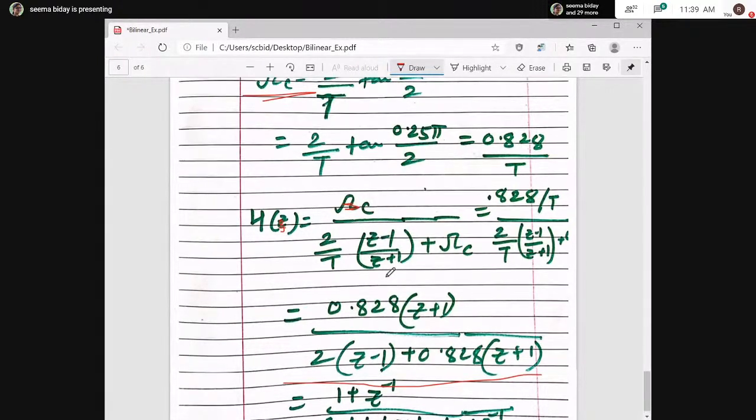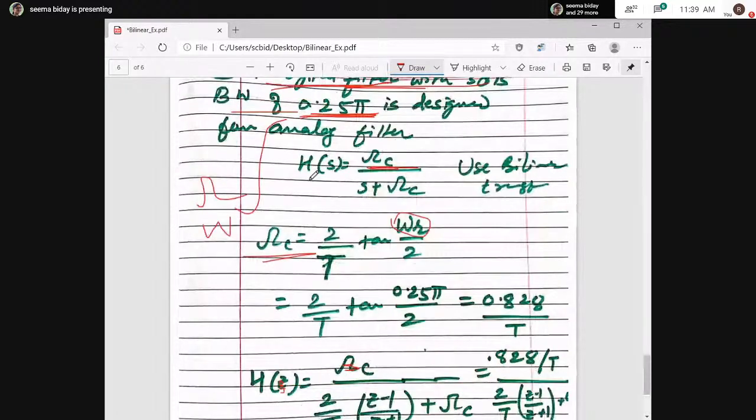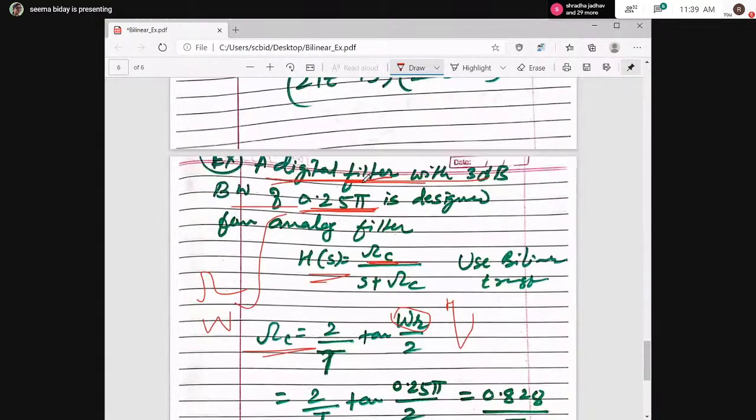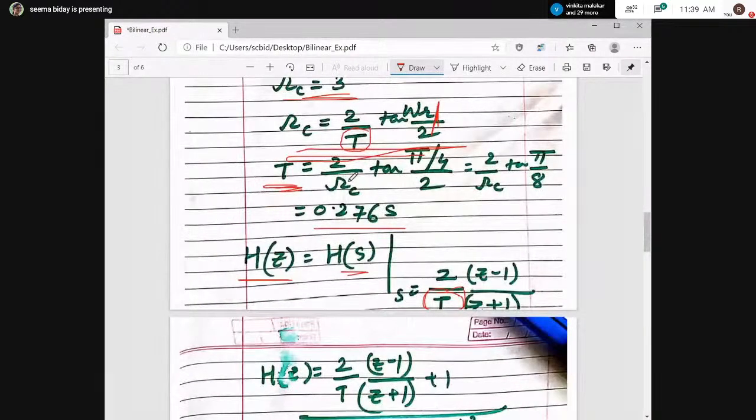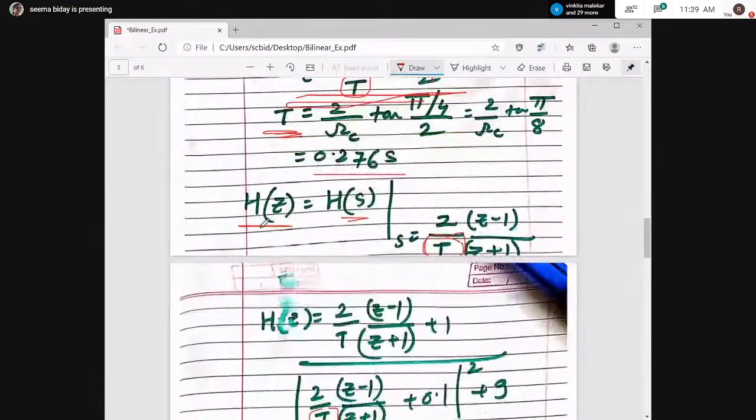For conversion of H of S to H of Z, you can use this formula: H of Z equals H of S at S equal to 2 by T, Z minus 1 divided by Z plus 1. That's all.